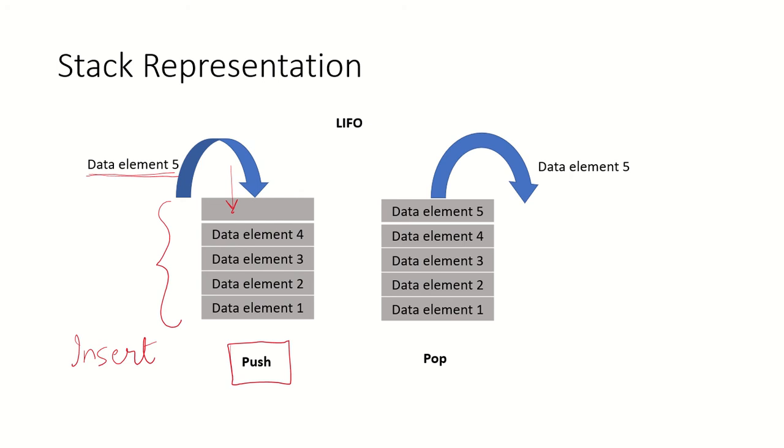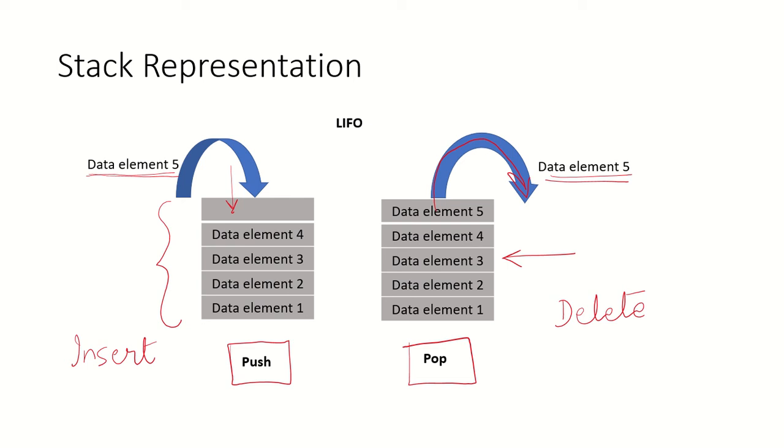Once data element 5 is pushed into the stack, the status of the stack becomes this. Now if I want to delete an element from the stack, it can only be deleted from the top. So data element 5 will be popped out, and this operation is called a pop operation.